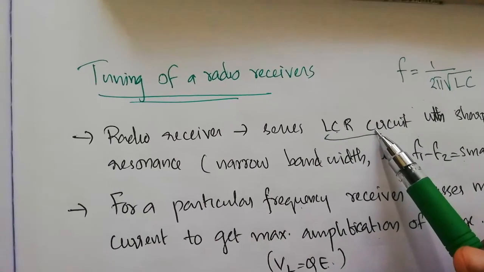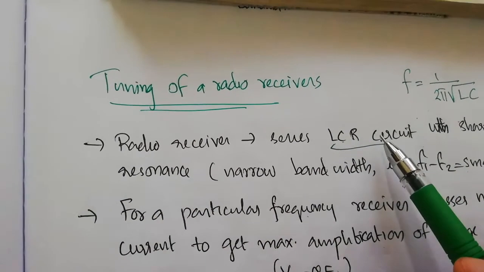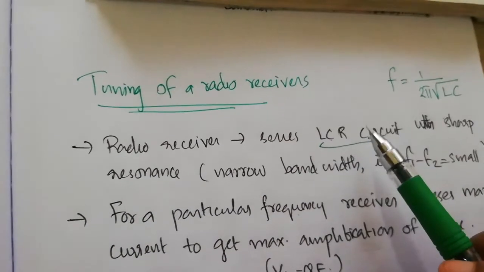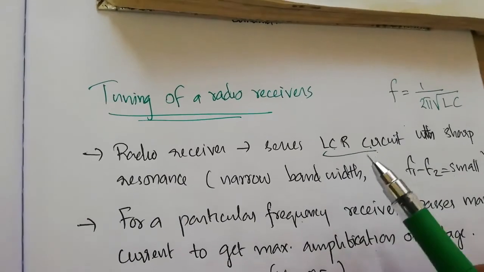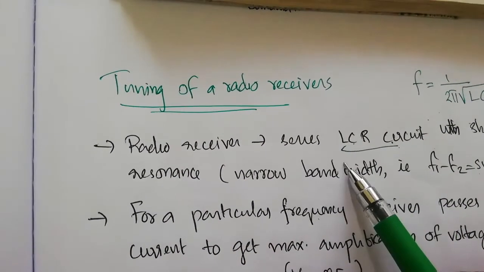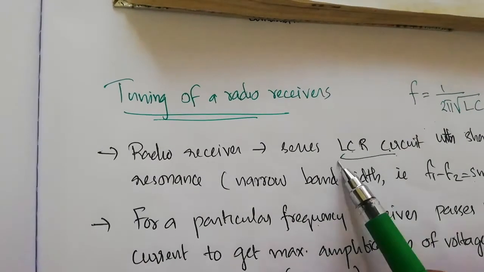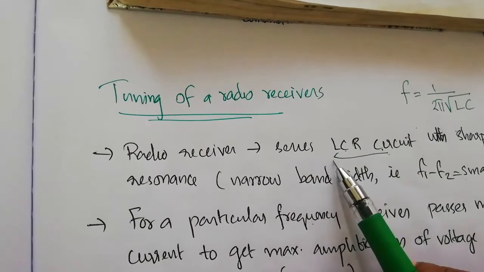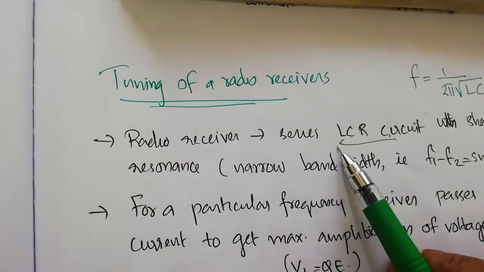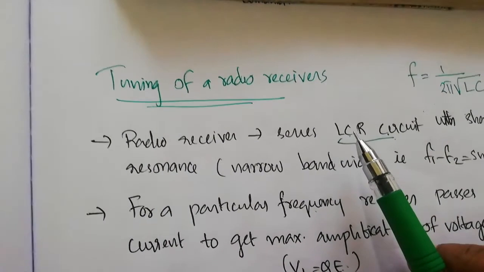These all are the applications of a series LCR circuit at resonance condition. It can pass maximum current with the maximum strength, and it is also known as an acceptor circuit. It will be having a particular bandwidth to produce the resonance. And we have studied about the voltage magnification factor and also tuning of radio receivers. Thank you.